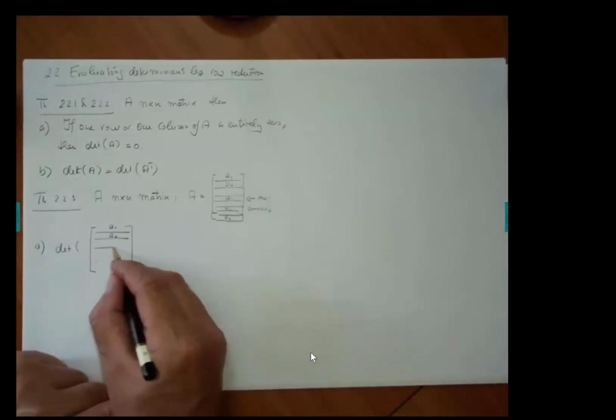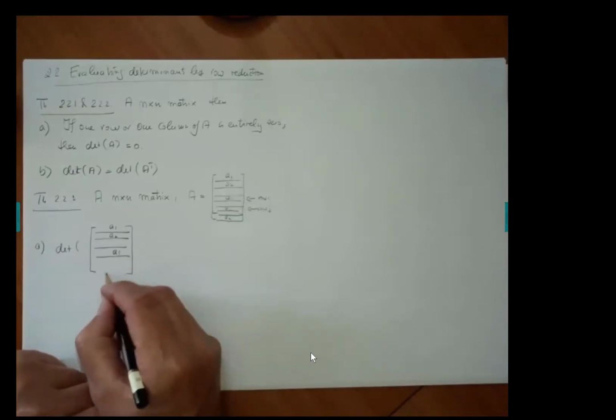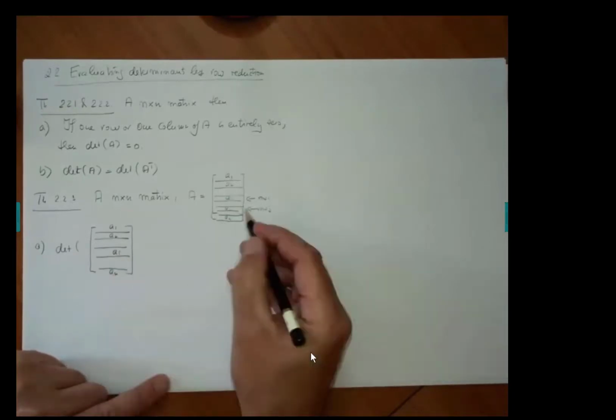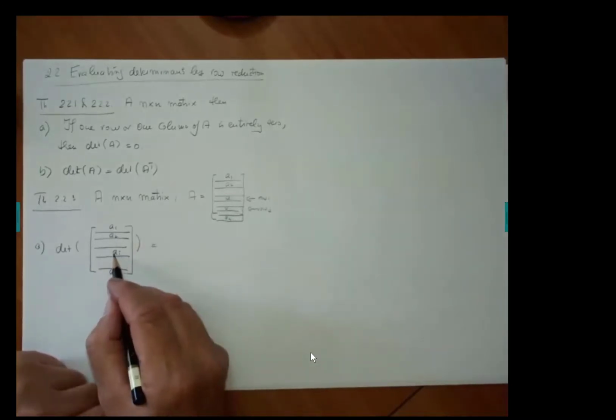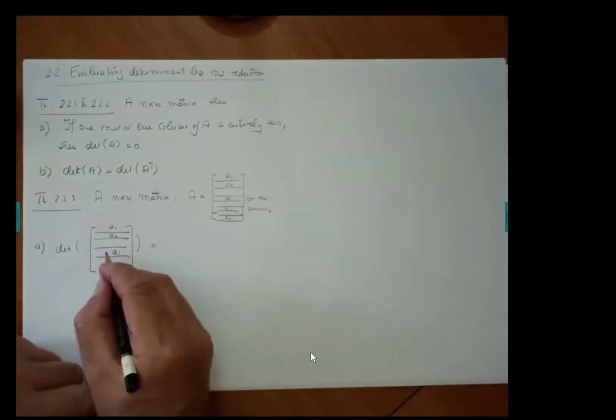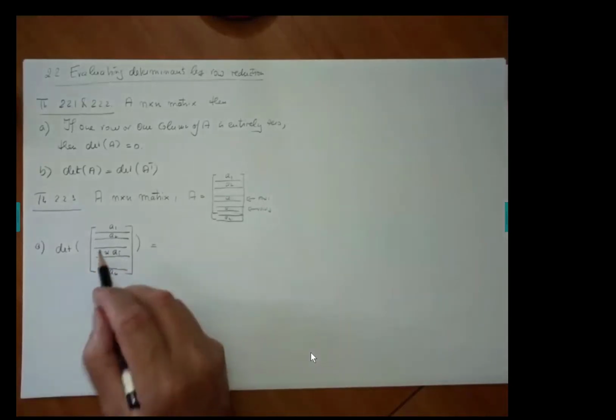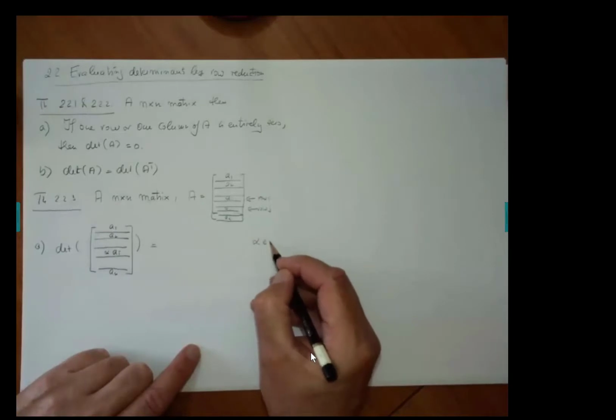So here comes row I, and down on the bottom is row N. I didn't even indicate row J. And now what you do is row I is multiplied by a constant alpha. So you have an alpha multiplied. So alpha is in R.